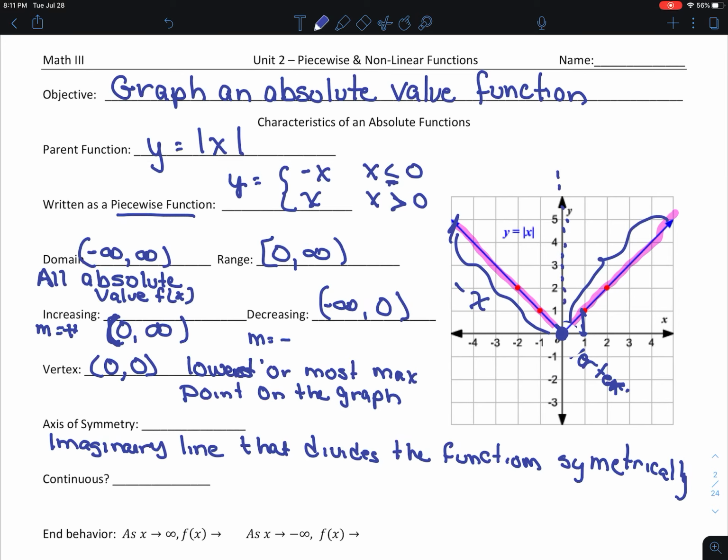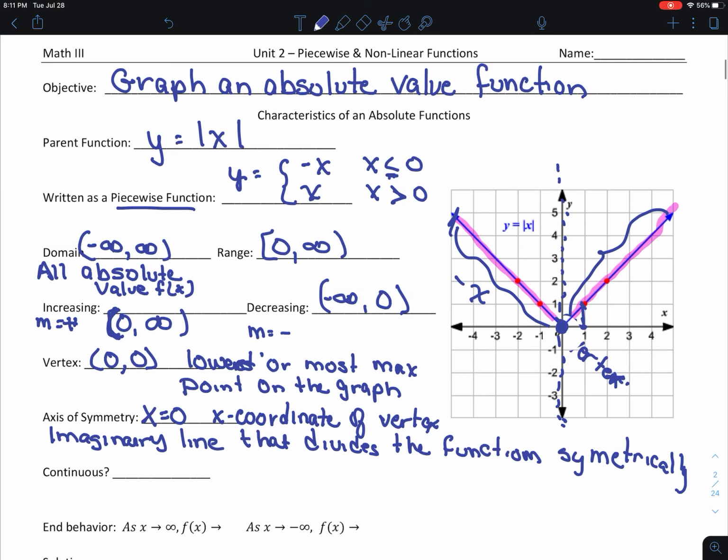So in this case, the axis of symmetry is the y-axis, so it's x equals 0. The axis of symmetry is also the x-coordinate of the vertex. It's always the x-coordinate, well, I shouldn't say always. In a function, it's going to be the x-coordinate of the vertex.